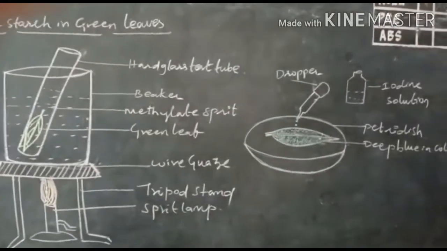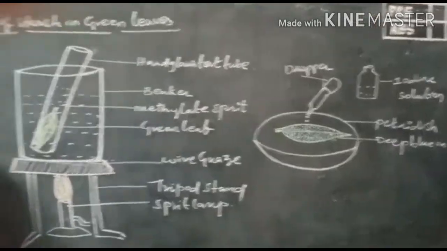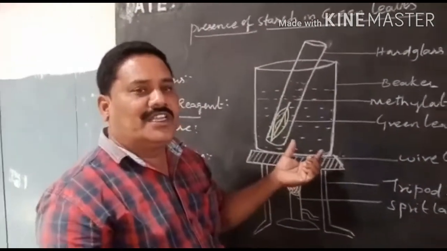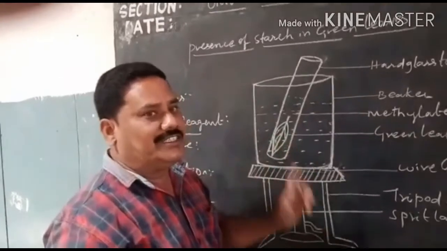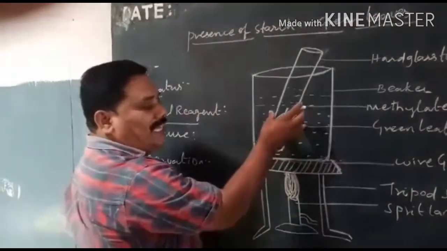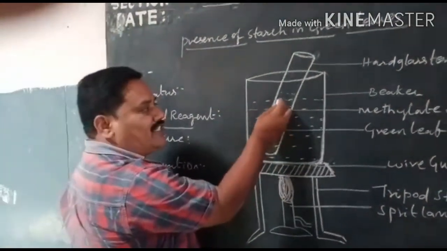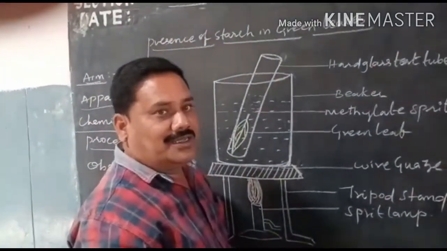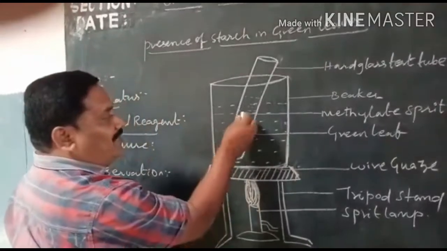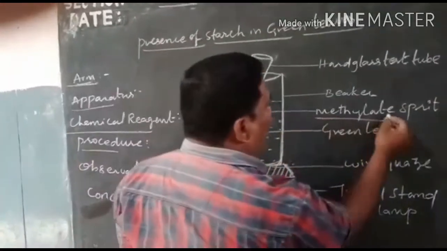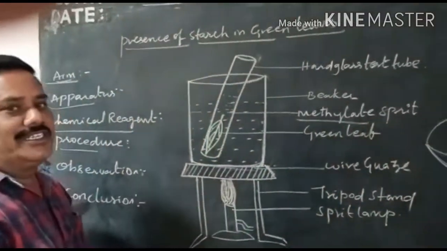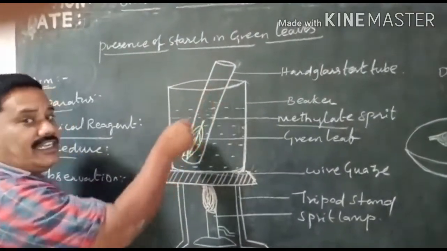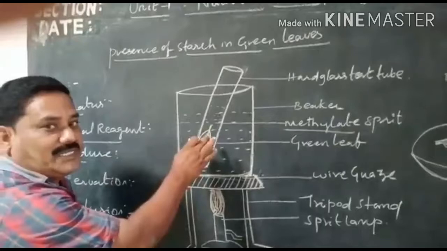Now the procedure. Collect a thin green leaf that has been exposed to sunlight. Take a test tube and fill it with methylated spirit. Put the green leaf inside the hard glass test tube with the spirit.